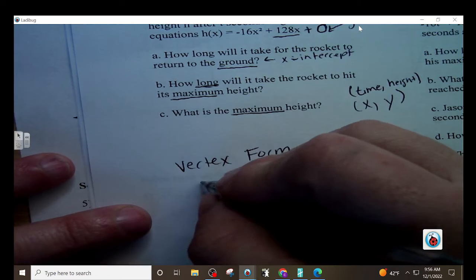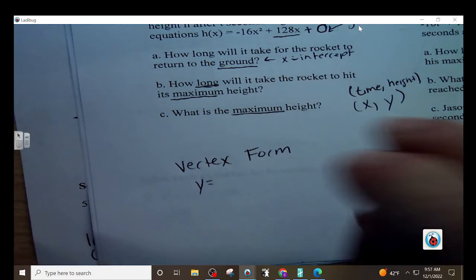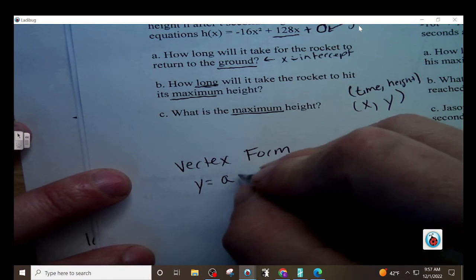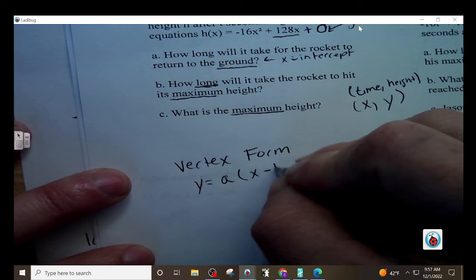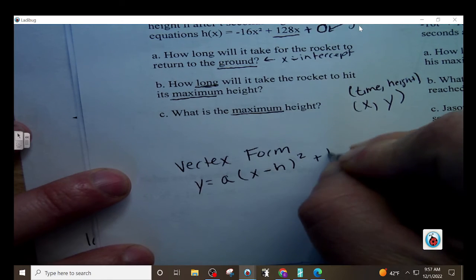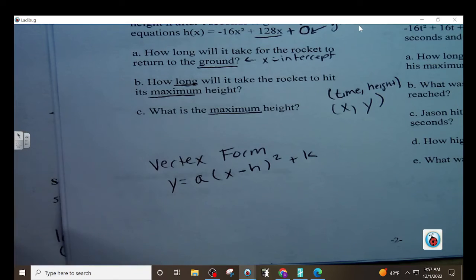Vertex form is y equals, now this is its generic form, a times x. And I'll explain what these letters mean, okay? You'll know here in a sec.